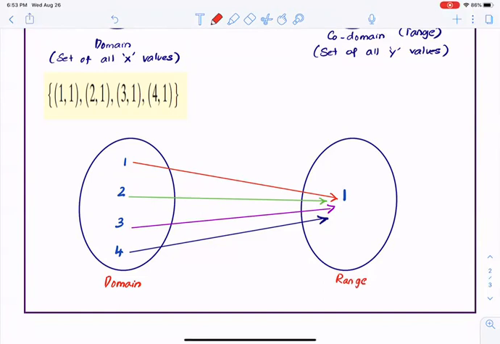There is a notation called the set notation, just like the way we have it in the problem. You put within set brackets the set of all possible values for x, which would be 1, 2, 3, and 4. The set of all possible values for y is simply 1, and that would be the range. Here, since a single value of x results in a single value of y, which is 1, this is a function.